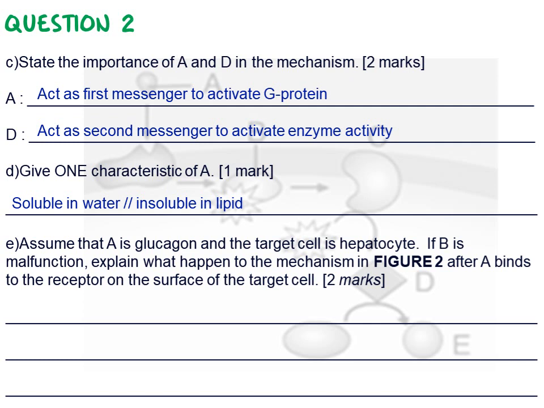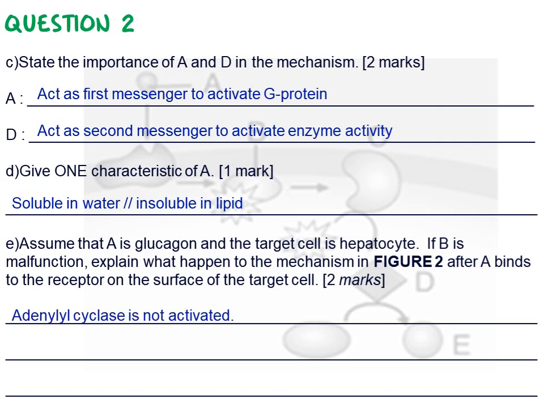Glucagon travels to the target cell called hepatocyte and then binds to the receptor. After binding to receptor, the problem is B does not function. So what happened to the mechanism tadi? So we know B is G protein. If the G protein does not function, it cannot pass information to the C.